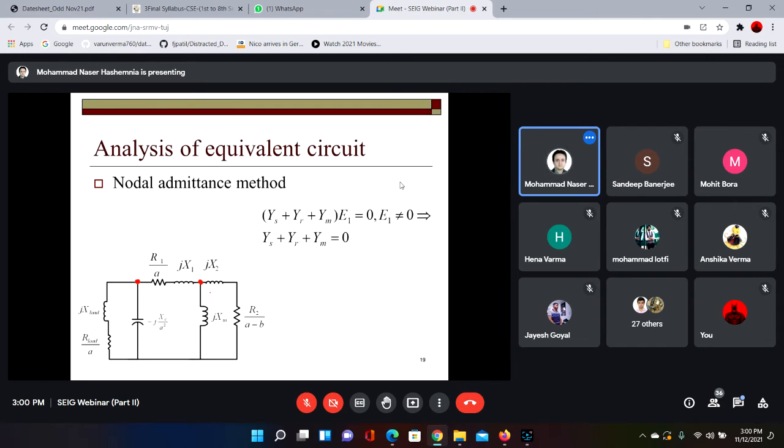We have written KCL: YS is R1 by A plus jX1 plus this, and then it should be 1 divided by this, so the impedance and admittance, so Y is equal to 1 over Z. Then the current here is E1 times Y, and also here E1 is not 0.